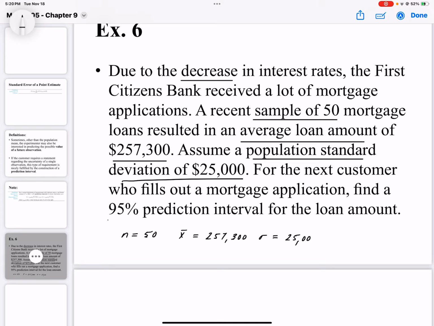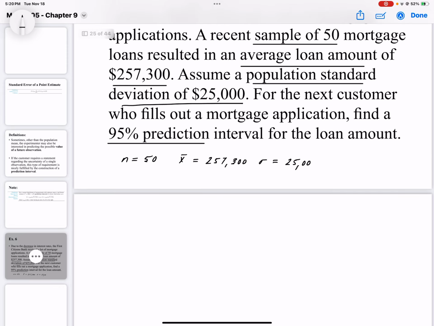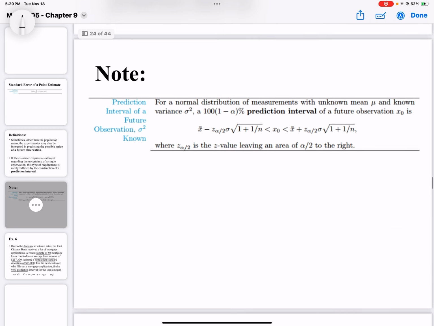And I want to get a 95% prediction interval for how much the loan amount may be for the next customer. Okay, so with 95% confidence, at this point, you should know that's just 1.96. Every single time we did 95%, we had the Z sub alpha.